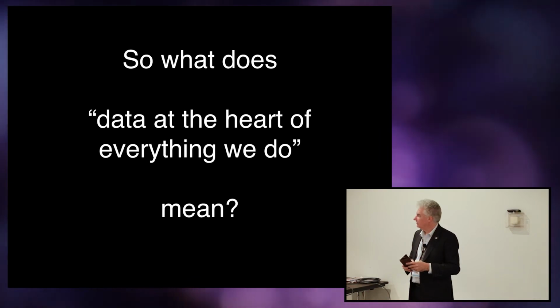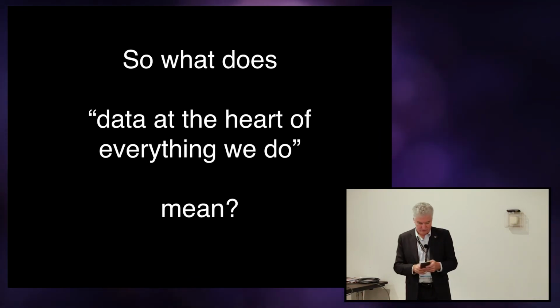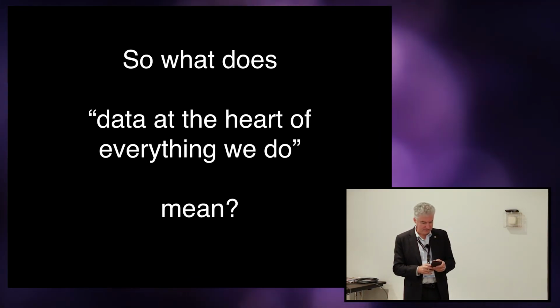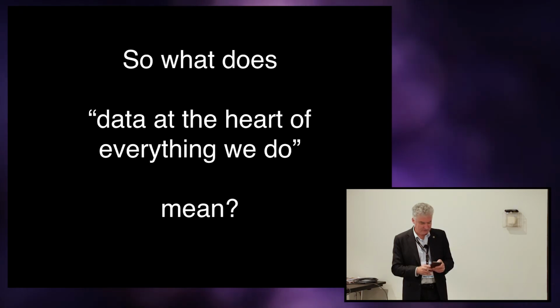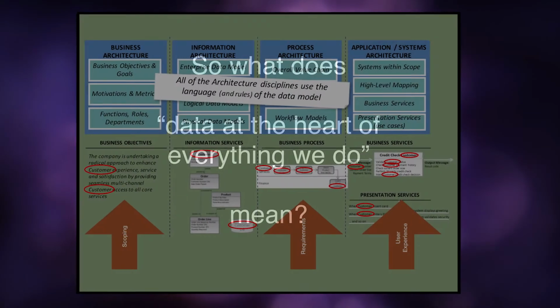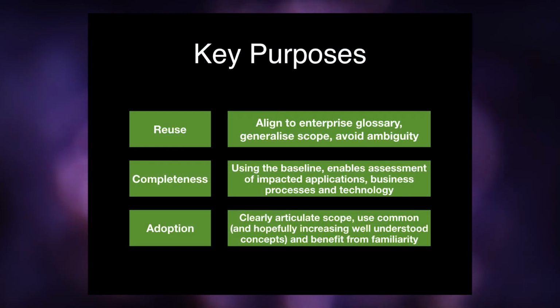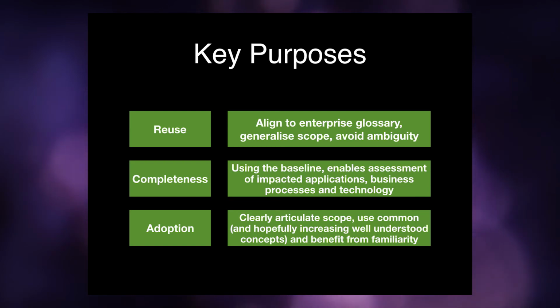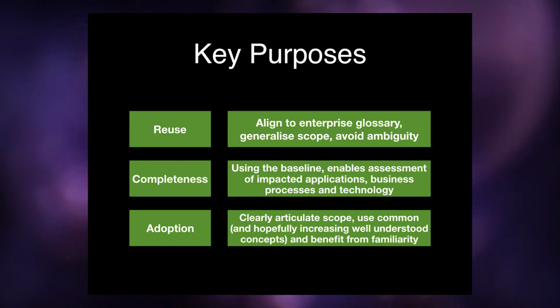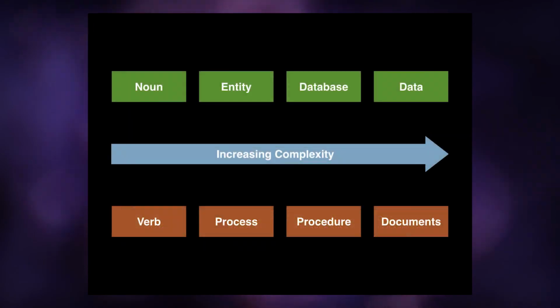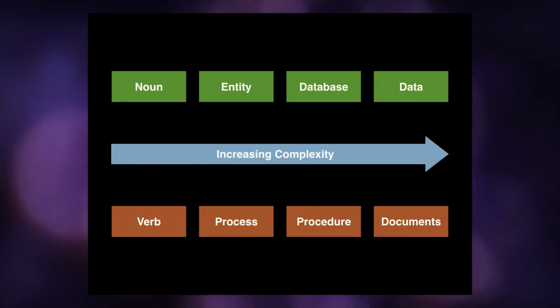So what does it mean that data is at the heart of everything we do? How can we use that to help us achieve it? And so scoping, requirements and user experience. The first one in scoping is you can use an enterprise data model to increase reuse, completeness and adoption. In requirements, you can maintain and minimize complexity as you go through.